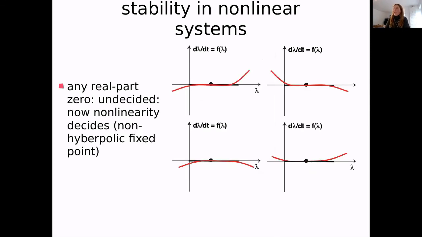But what happens in this zero real part case? It may be unstable, because here you see that locally we have a zero slope, but when we take a look at the nonlinearity of the system, we find that there is maybe some, in this case, unstable fixed point. Here it's a stable one, and here it's kind of this weird marginal stable one. Okay.